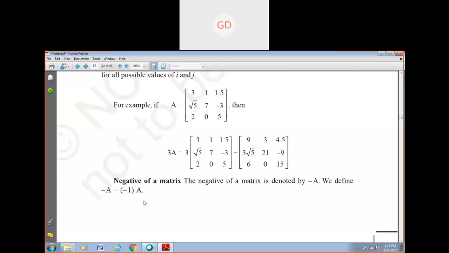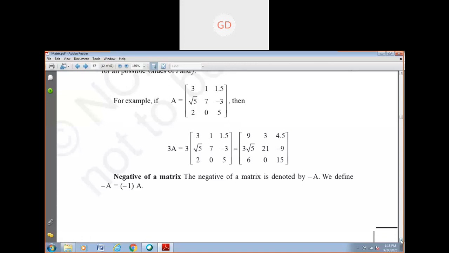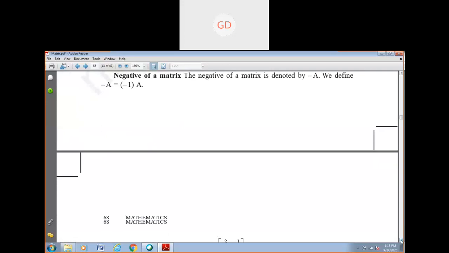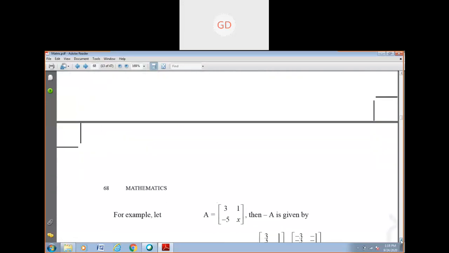If the element is negative, then it would obviously be positive, because elements are multiplied by -1. So it is termed the negative of a matrix, and written simply as minus A. It is minus A if it is A, minus B if it is B.